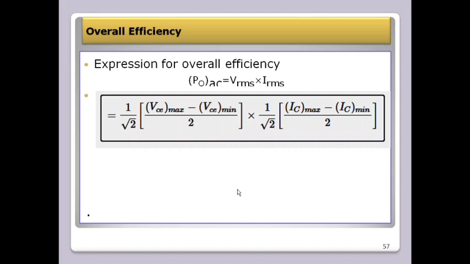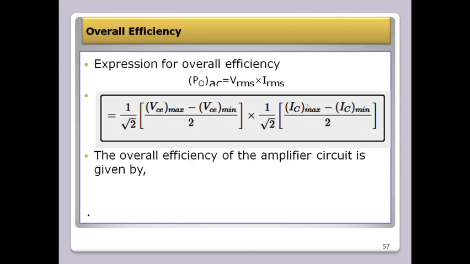So the Vrms is 1 by root 2 into (Vc maximum minus Vc minimum) by 2, and Irms is given by 1 by root 2 into (IC maximum minus IC minimum) by 2.